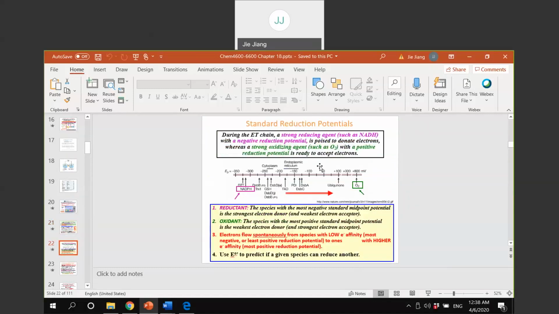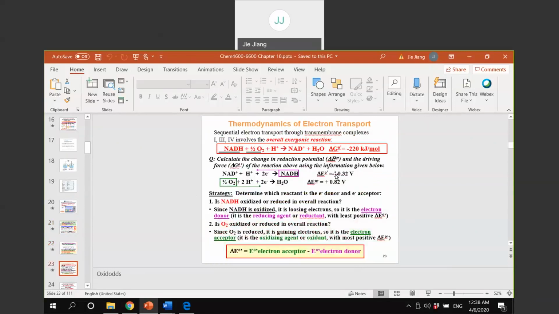Another practice problem is here, the thermodynamic electron transport, still related to cell potential. If you're given these two half reactions and you are asked to calculate the cell potential E and the delta G, or maybe you're just asked to calculate delta G, but you still need to calculate cell potential first, right?